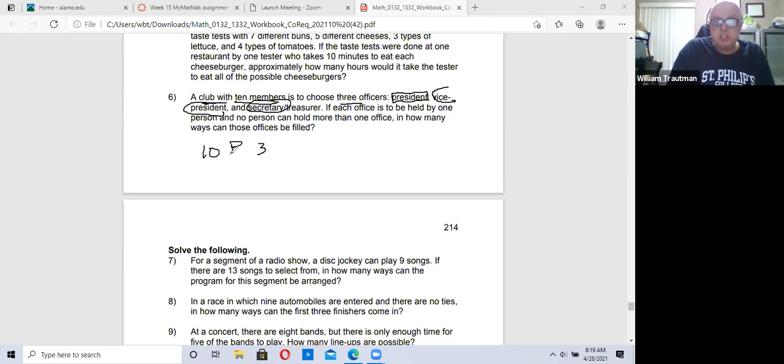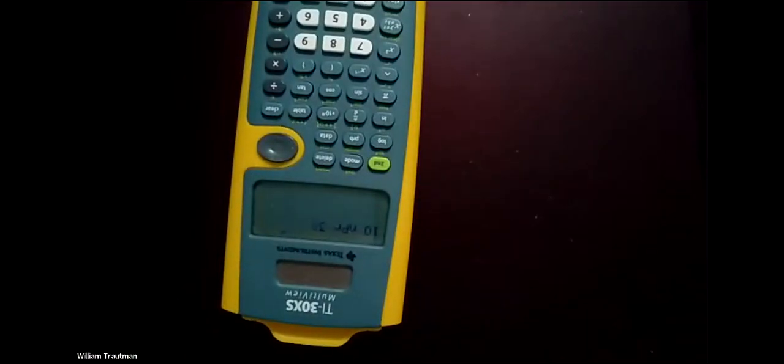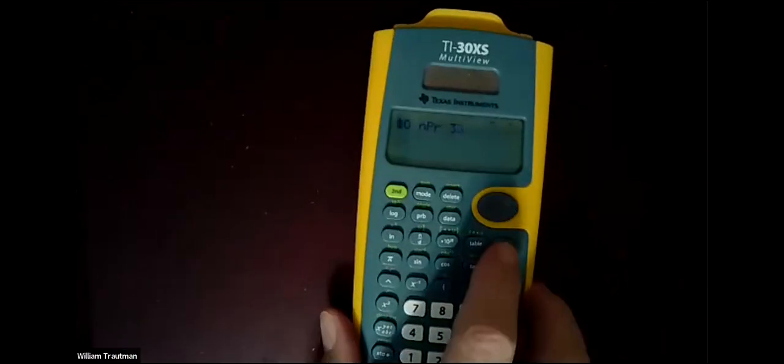And I'm going to actually go back and show you that on my calculator right now. Just as a reminder, you've got to know how to do this. So I'm hitting 10, probability.